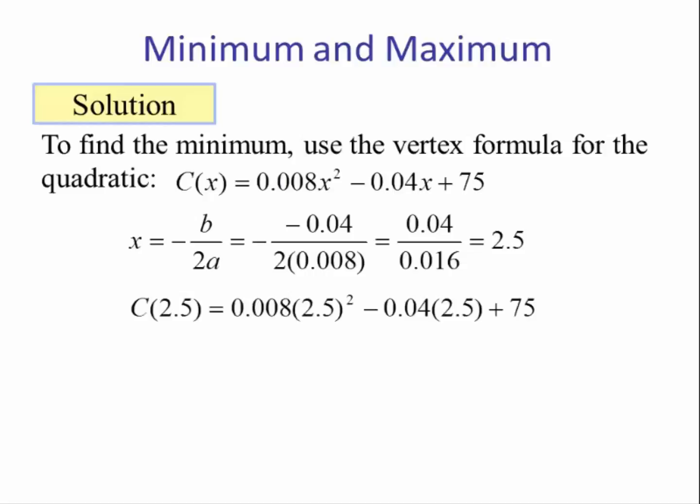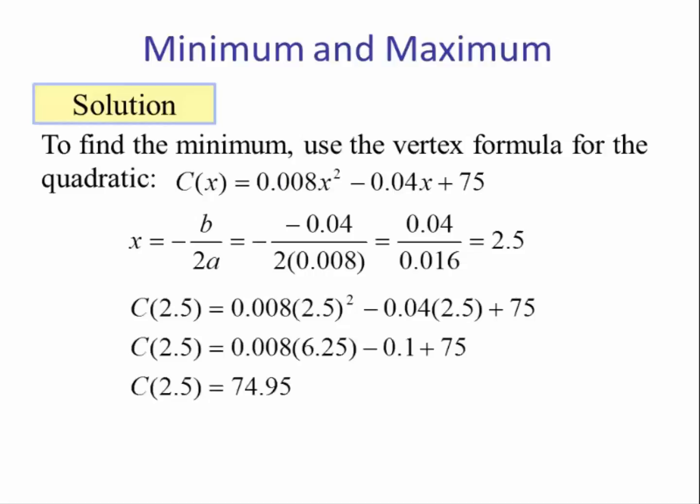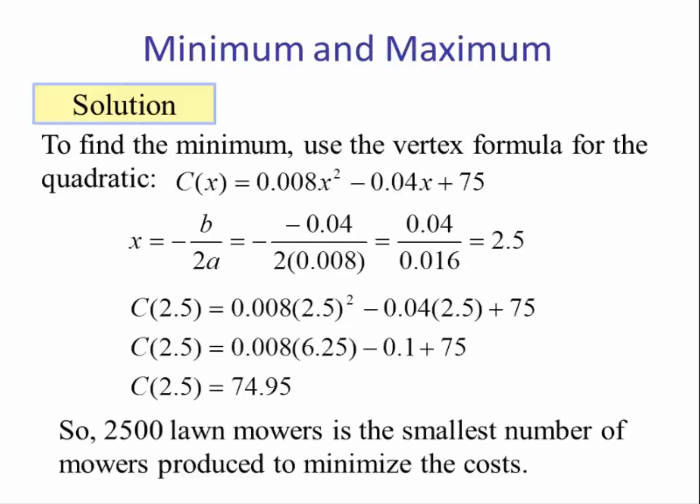Taking 2.5 and substituting it back into the function gives us an output of 74.95. So when the number of lawnmowers is 2,500, that's 2.5 times 1,000, this will be the smallest number produced to minimize the cost.